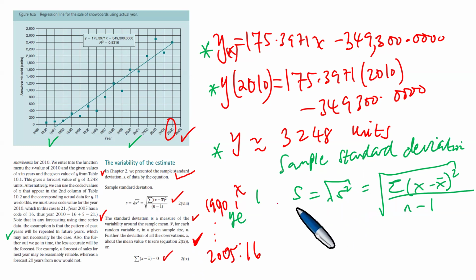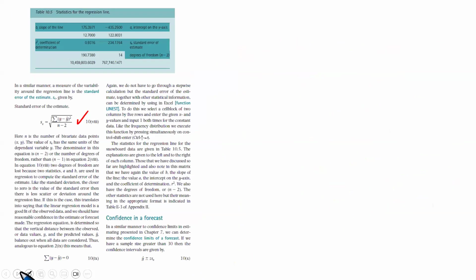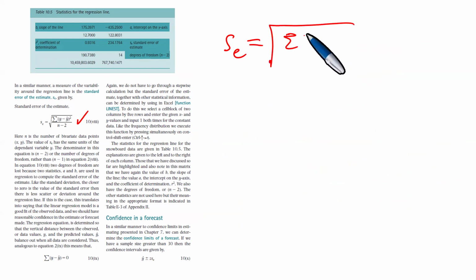But there's also a measure of the variability around the regression, and for that we use the formula for the standard error. The standard error is the square root of the summation of y minus y hat squared divided by n minus 2.